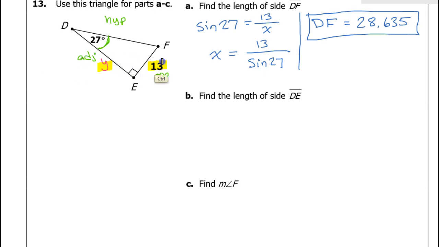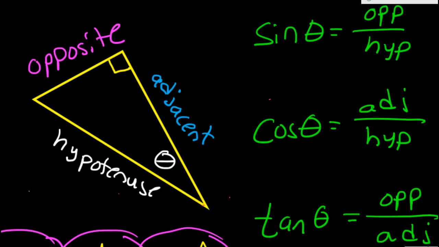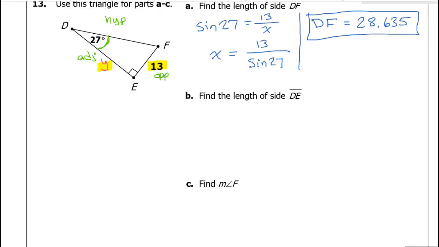So now that means I'm using opposite and adjacent. Which trig function is that? That's the tangent function, opposite over adjacent. So I will set up my tangent function. I will say tangent of 27 is equal to opposite over adjacent.